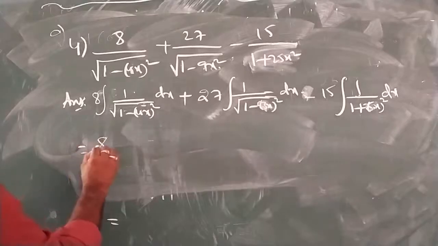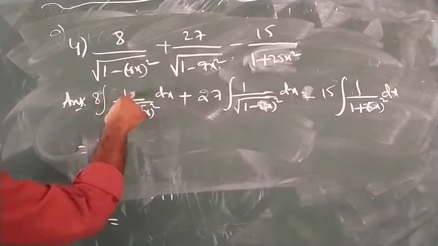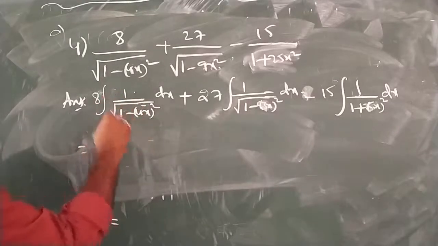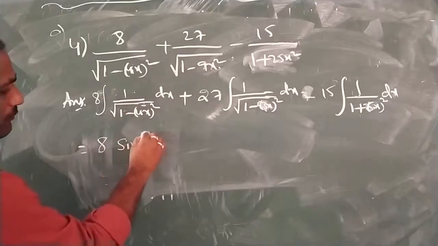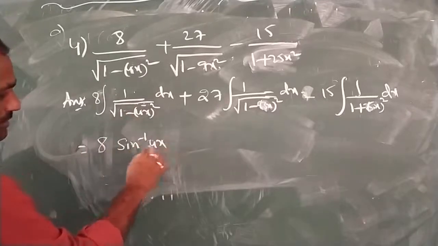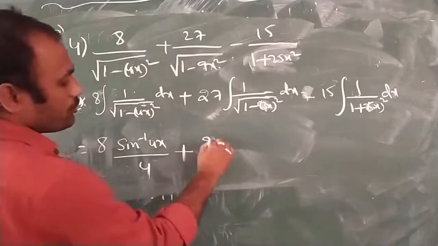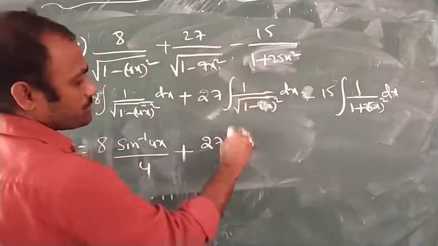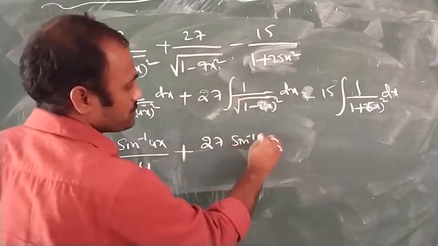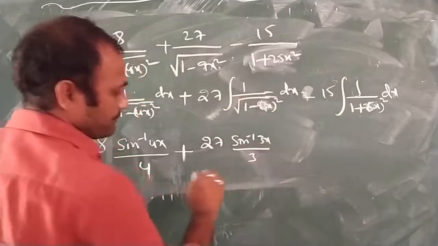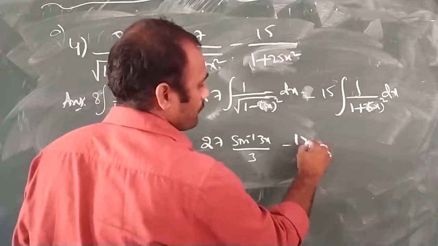So the integration of 1 by root of 1 minus x square is sine inverse of x, so here sine inverse of 4x. Since 4 is extra, let us divide by 4, plus 27 into sine inverse of 3x divided by 3, minus 15.